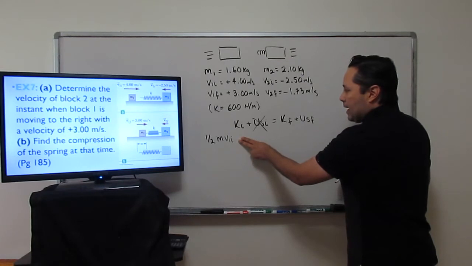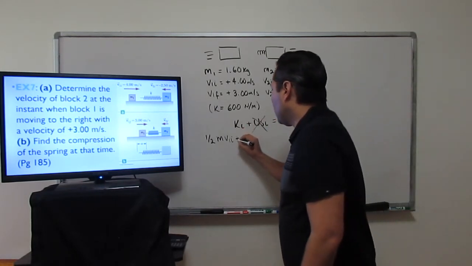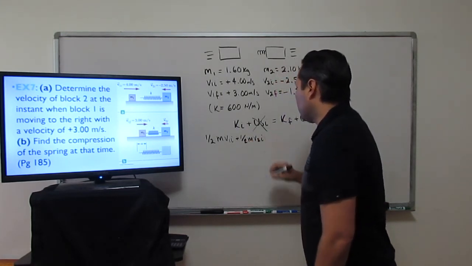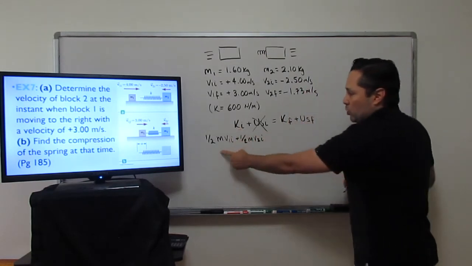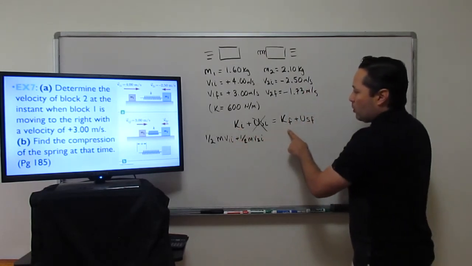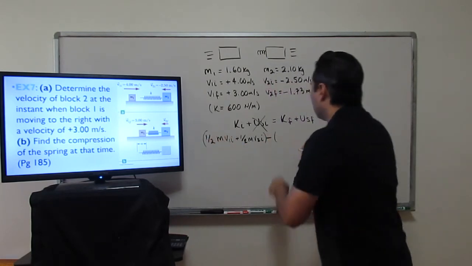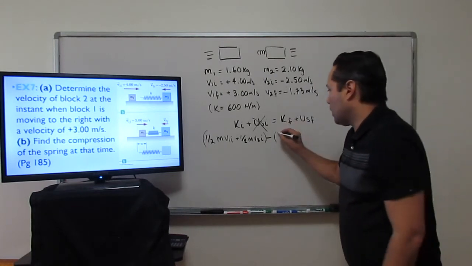And actually, we've got two objects, so it's going to be 1/2 mass times velocity of object 2 initial. So that's our kinetic energy initial. There are two objects, that's why you see it twice. And like I said, we're going to move the final over to this side. But again, there are two objects, so it's going to look like this.